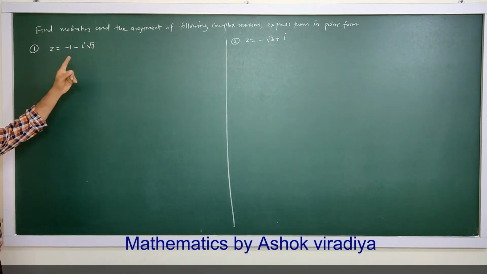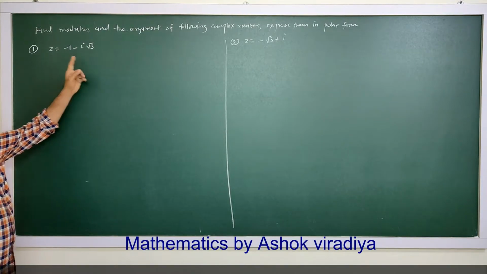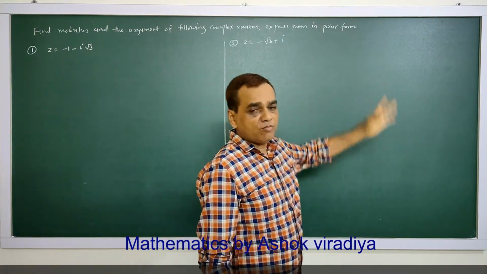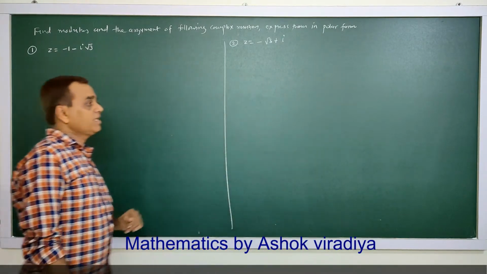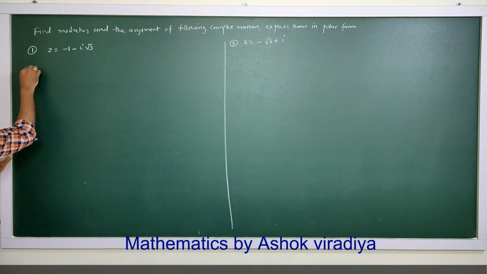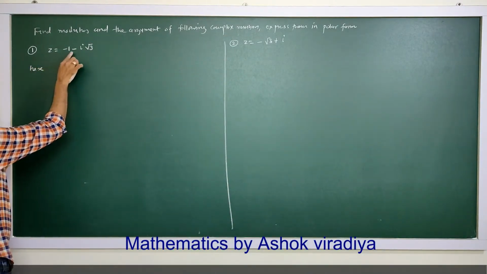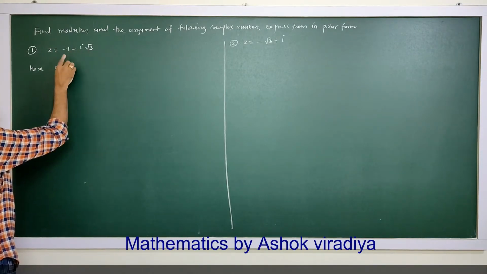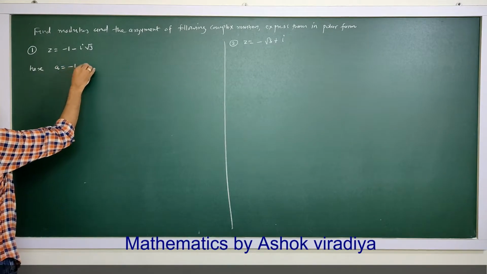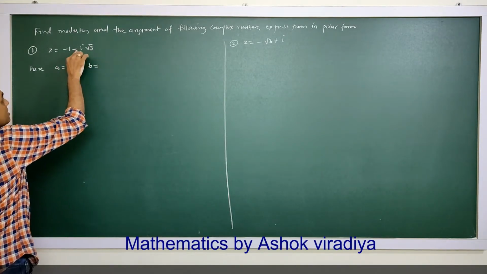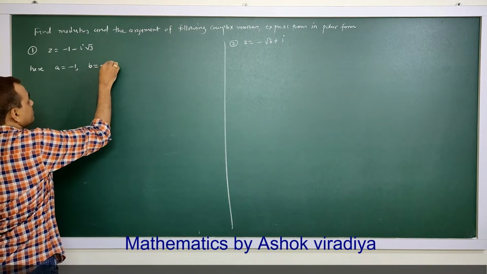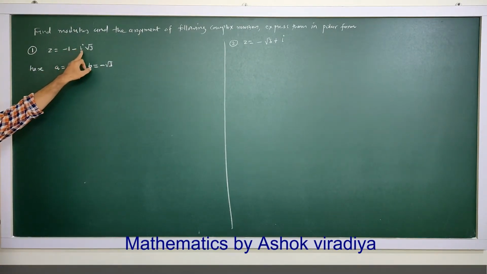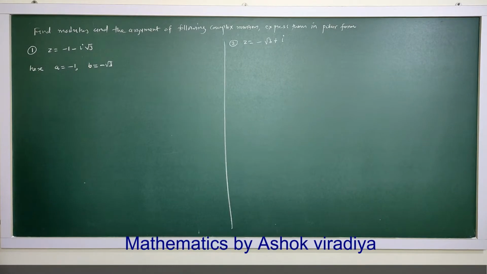Find the modulus and argument of the following complex numbers, express them in polar form. So here Z is A plus BI. Comparing with A plus BI, A is minus 1 and B is minus root 3. A is minus 1, B is the coefficient of I, that is minus root 3.